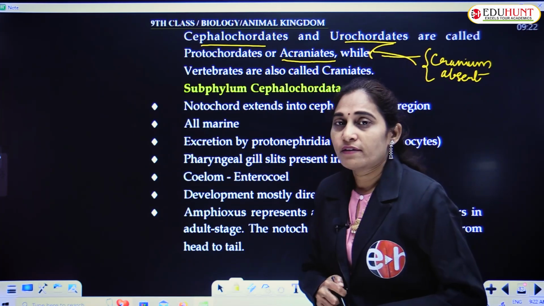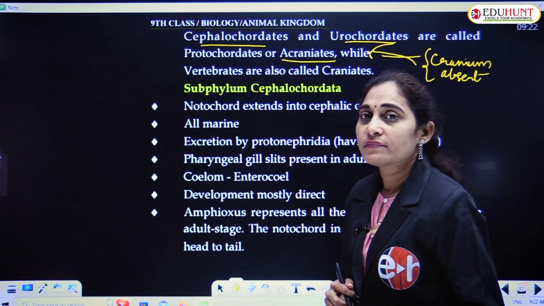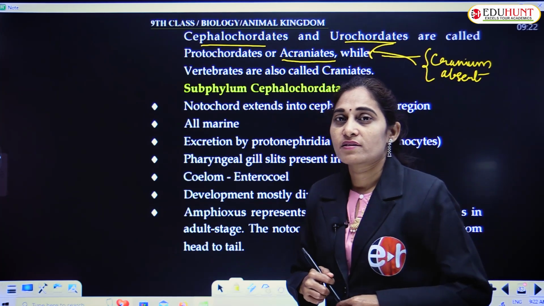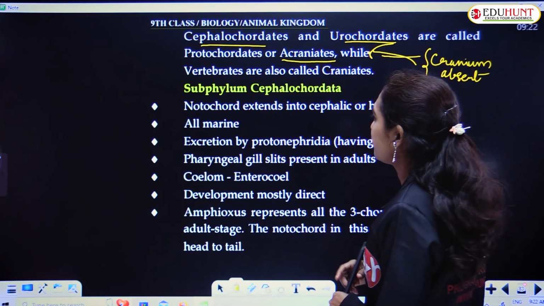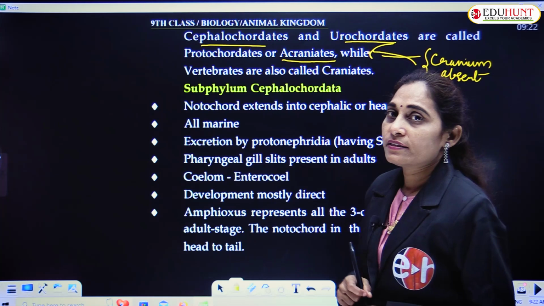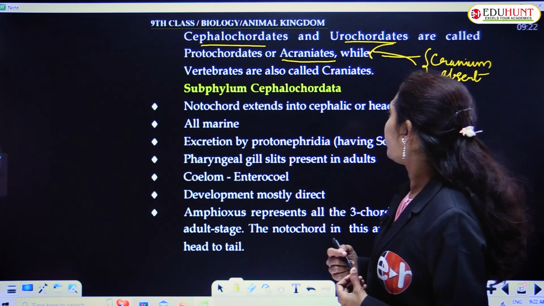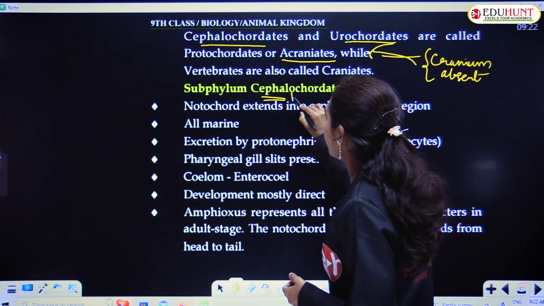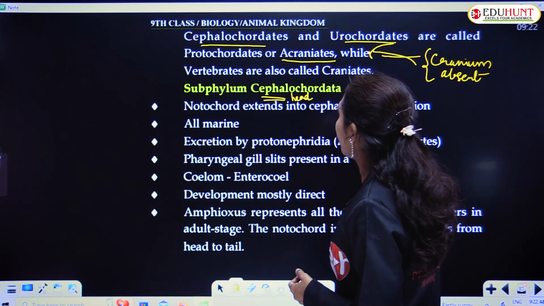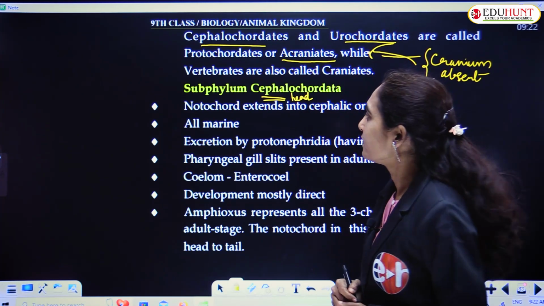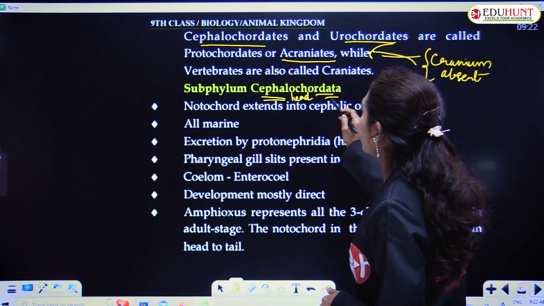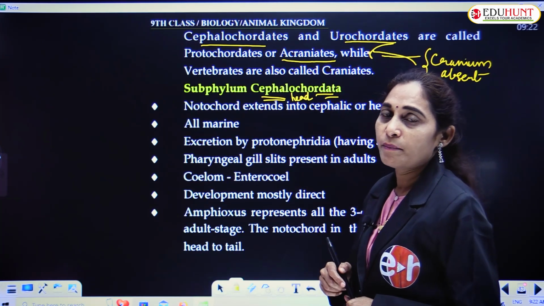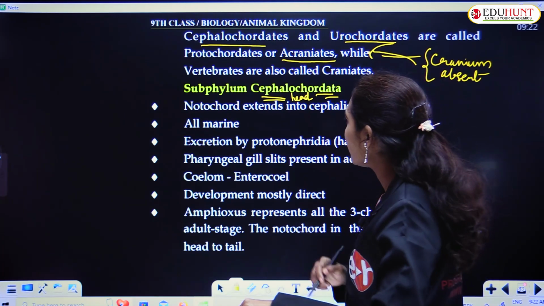Let's see the first subphylum, that is Cephalochordata. Cephalo means head. Chordata: chordo means notochord, ata means bearing. The notochord is present in the head.